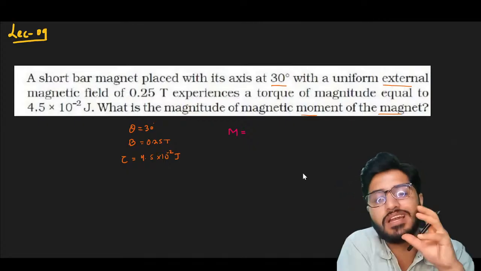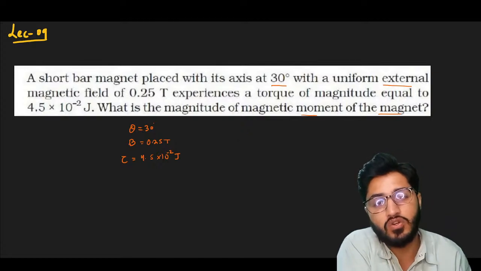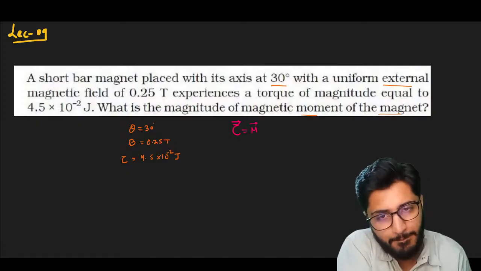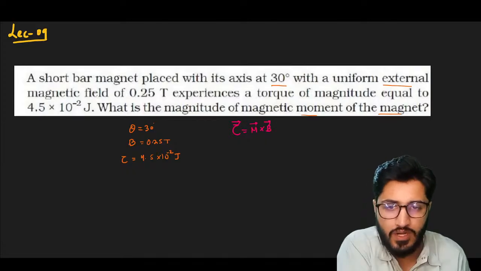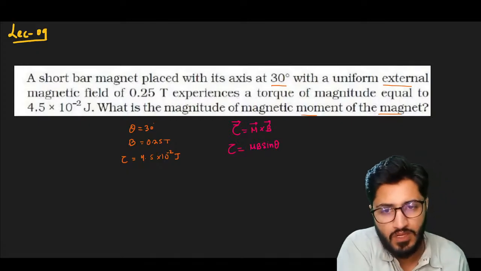I guess something related to this formula we have. Which formula? Torque. What is torque? I guess my torque is m cross B, or I can write torque equals mB sine theta.